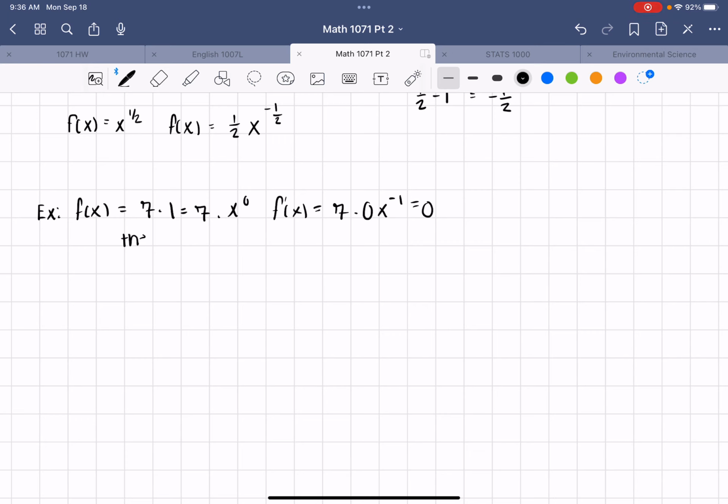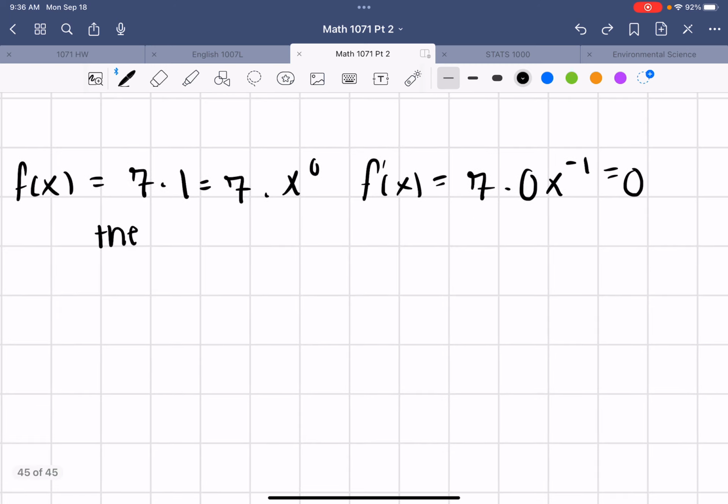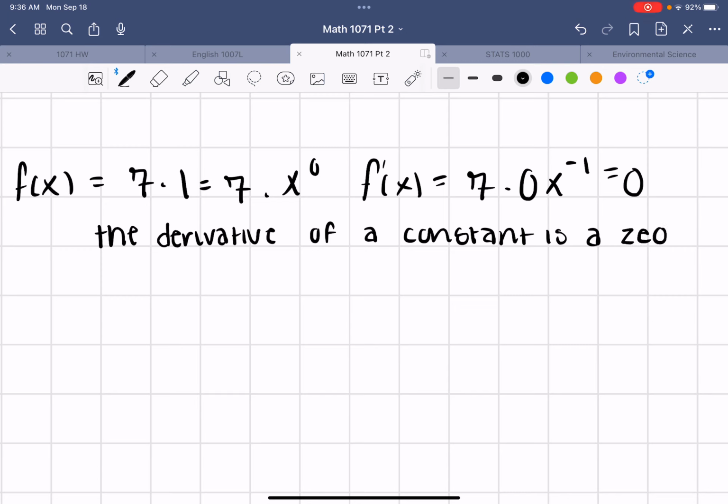Now there's one other shortcut rule that we've seen. I believe we did this problem. Instead of x squared, I believe it was 5x squared. I believe we did that problem. And what we saw was the answer was 5 times 2x or 10x.